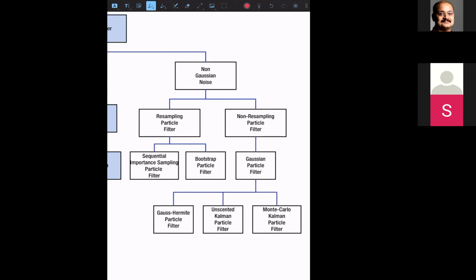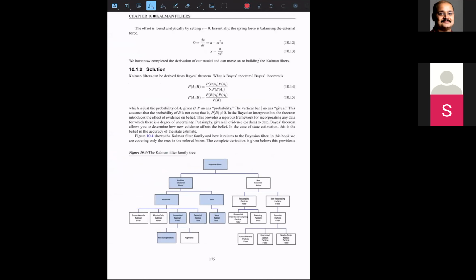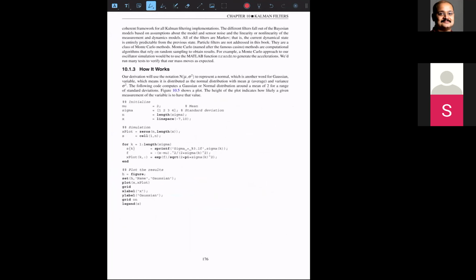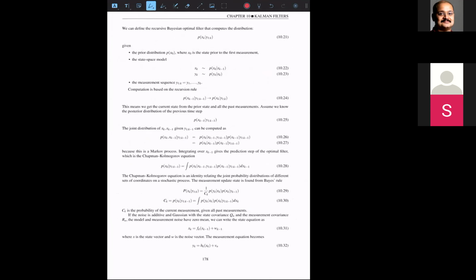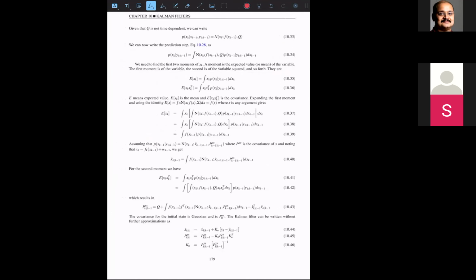So what we are going to do in the next class is I will discuss this Kalman filter. Then we will work through some of these examples. The math that is given here is just fantastic. Unfortunately, I won't be able to discuss that math because some of it is beyond my capabilities.